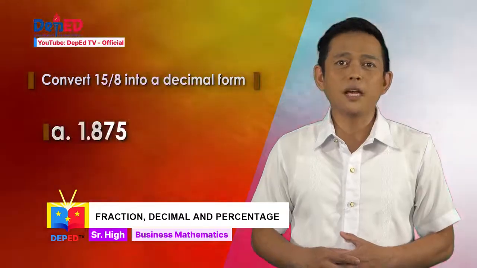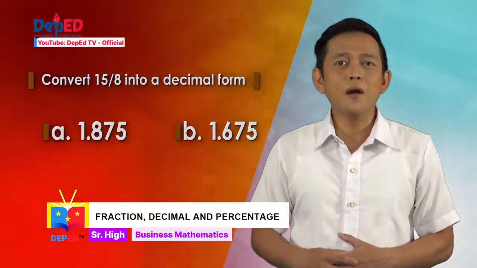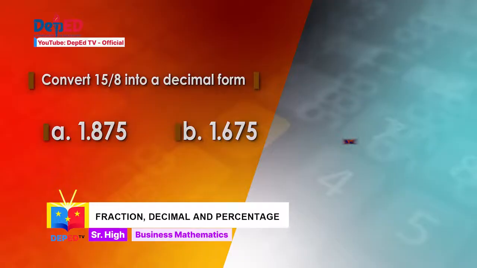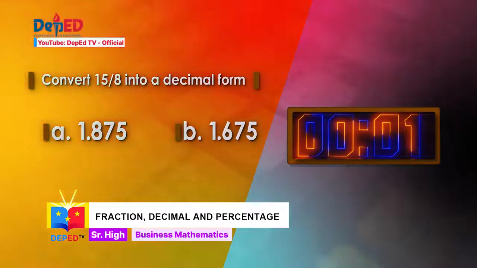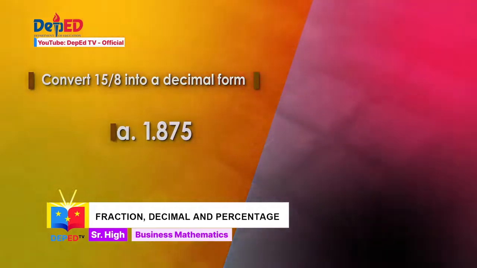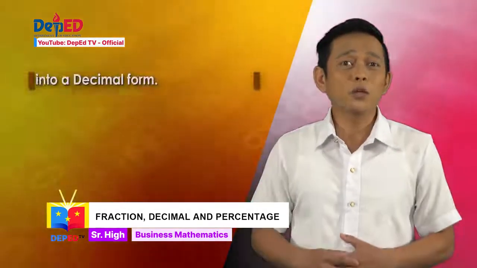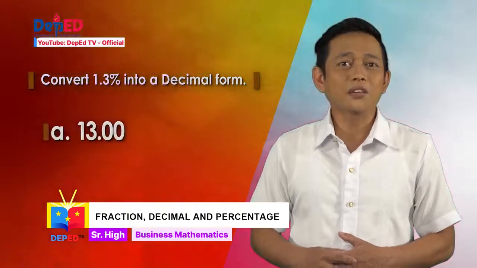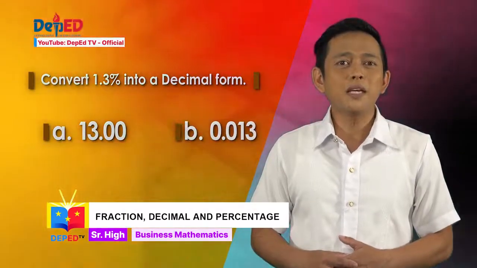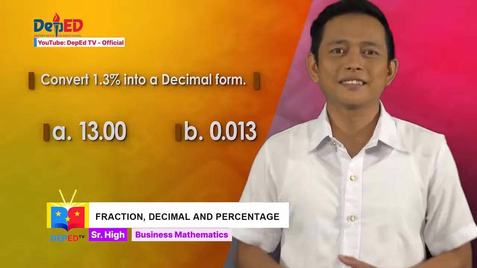A, 1.875 or B, 1.675. Convert 1.3% into a decimal form. A, 13.00 or B, 0.013.